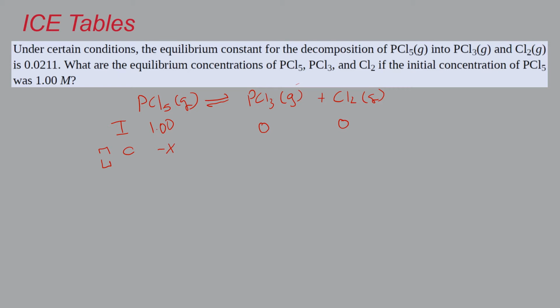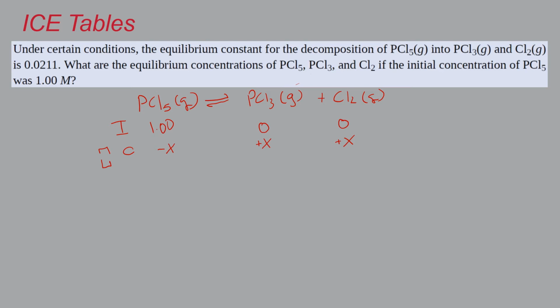However much the concentration is going to drop by, we'll just say it's X. Now at this point, you can exploit the reaction stoichiometry: if the concentration of PCl5 goes down by X molar, since they react 1 to 1, you can expect the concentration of PCl3 to go up by that same amount. And same thing goes for the Cl2, because in this case everything's reacting 1 to 1 to 1.